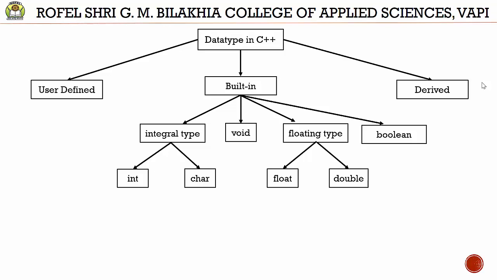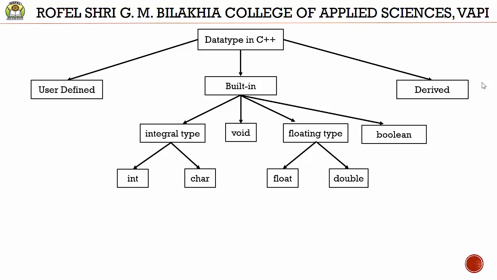Now let us talk about double floating point. The double floating point data type is used for storing double precision floating point values or decimal values. The keyword used for double floating point is double, and a double variable typically requires 8 bytes of memory space, right? Now the last one is boolean data type.